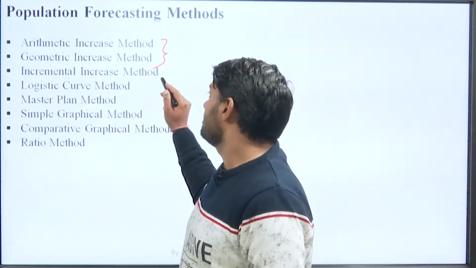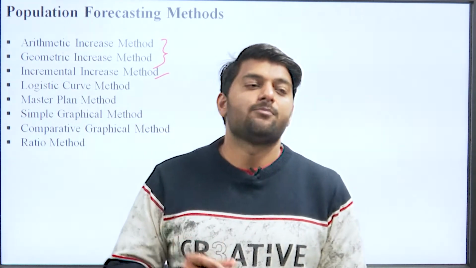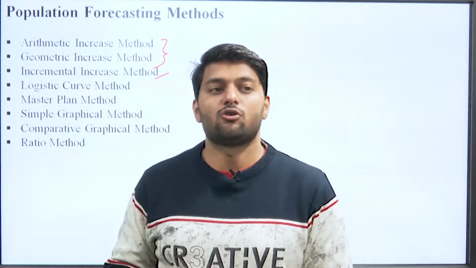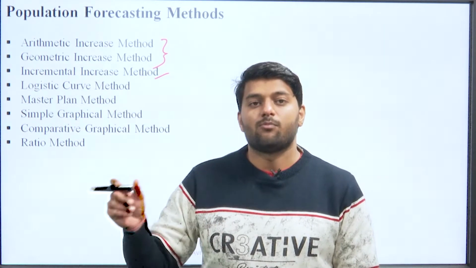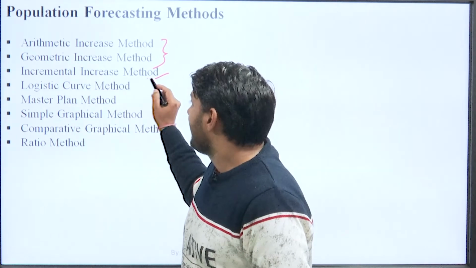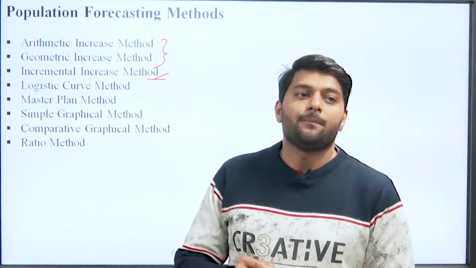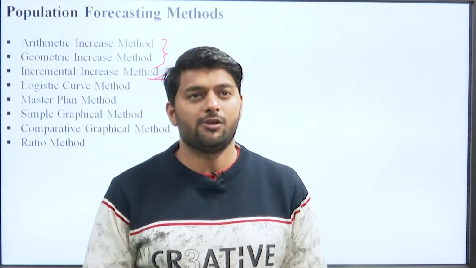In the incremental increase method, the assumption is not that the population growth rate is constant. They assumed that there will be an increase in population, and that increase may be positive or negative.